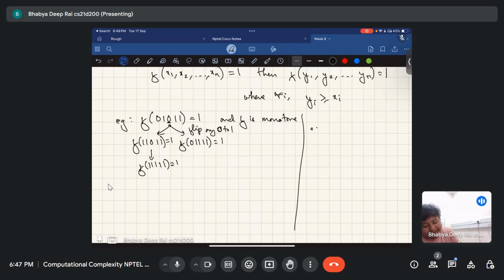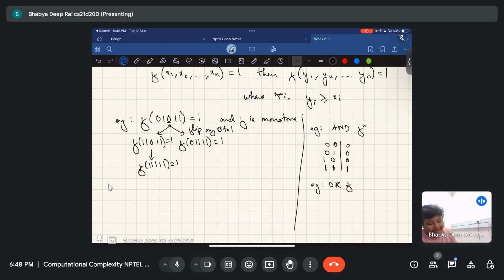An example is the AND function. AND is monotone because of 0 0, 0 1, 1 0, 1 1: only on 1 1 it equals 1, and there are no more zeros left to flip. So by default it is monotone.